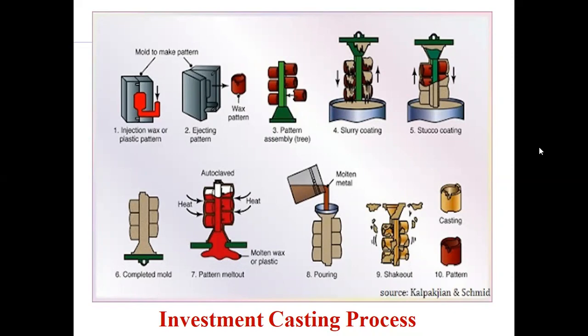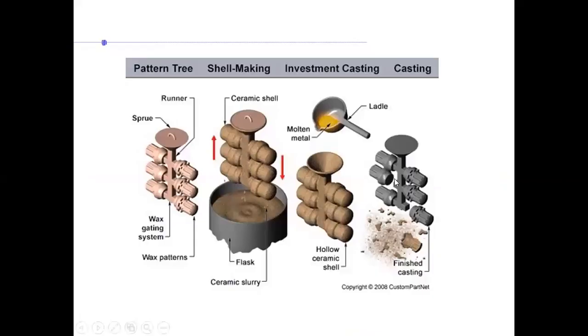Okay. You see another example. This is the casting that you want, individual. So what we are doing is we are putting multiple wax patterns. You see wax gating system. All these are wax patterns. Ceramic shell, because this is that ceramic slurry.